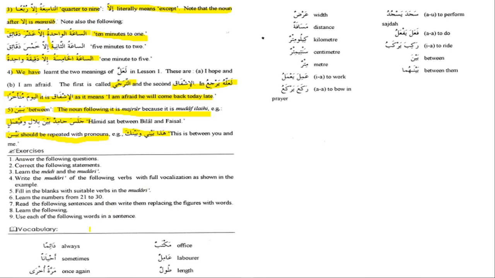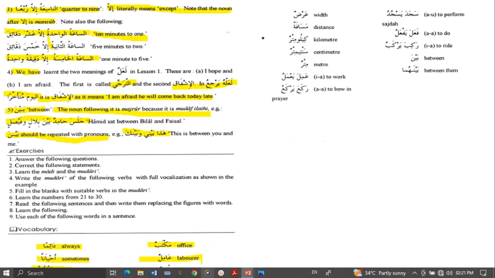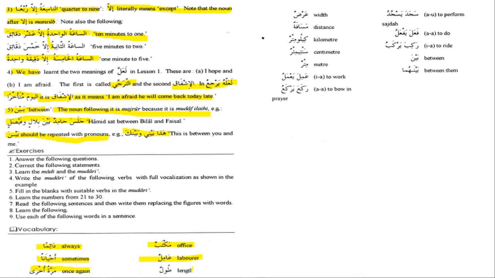And then we'll have the new words. Da'iman means always. That's the opposite of ahyanan. Ahyanan means sometimes. And then you have maratan ukhra, which means once more. Maktabun, office. Amilun, worker or laborer. And then tulun, which means length.